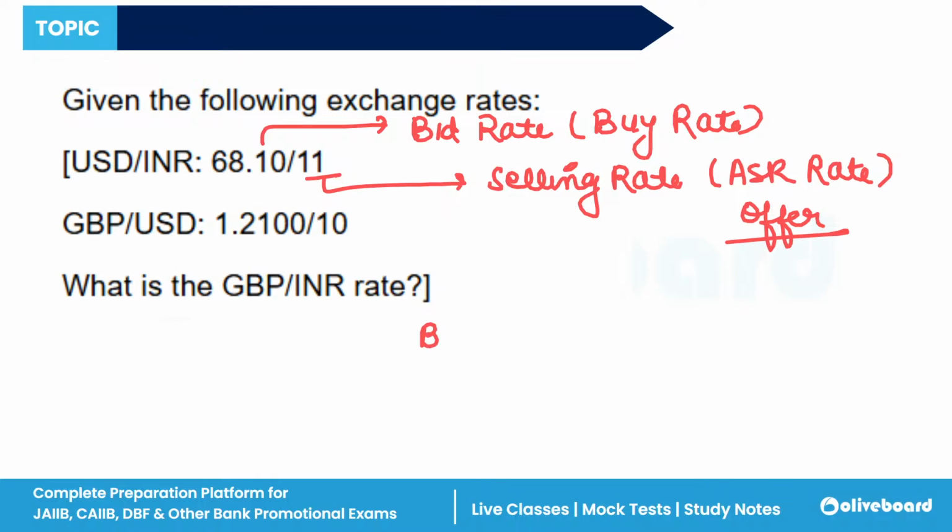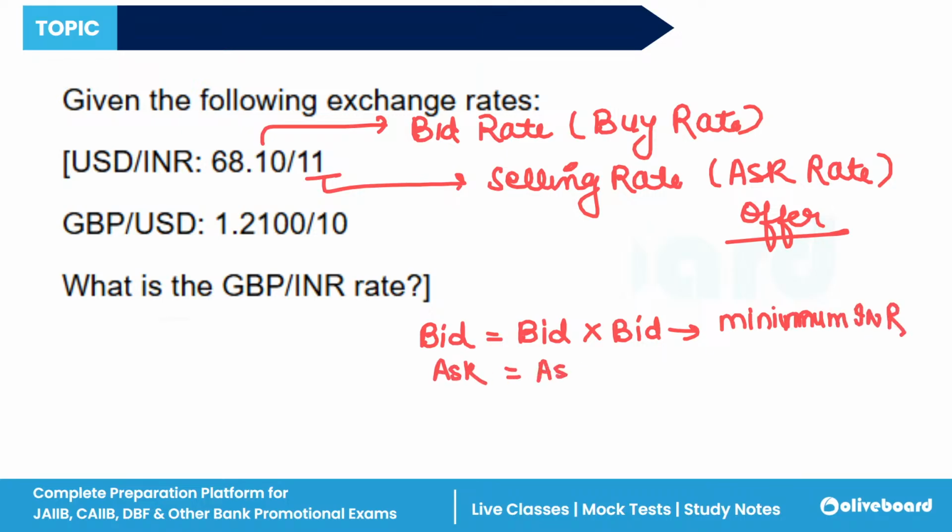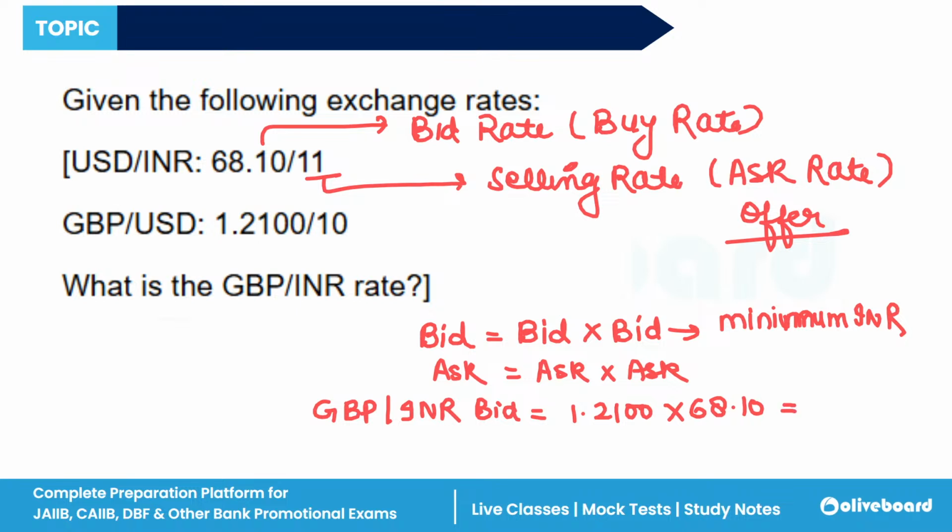So for bid, we are using bid multiplied by bid, which gives us minimum INR, and for ask, multiply by ask. So British pound INR bid is simple here, 1.2100 multiplied by 68.10, which equals 82.401.